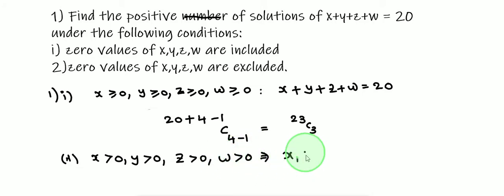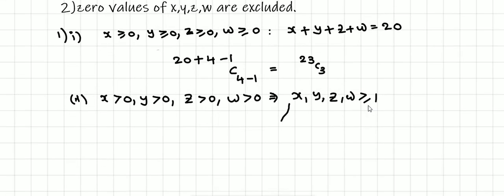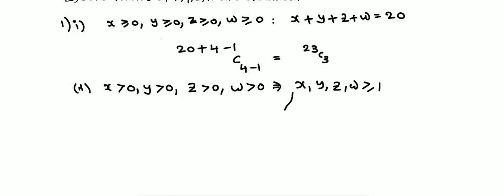So this refers to the number of positive integral solutions of the equation x plus y plus z plus w is equal to 20. That is 20 minus 1 C number of variables 4 minus 1, which is equal to 19 C 3. So this question is an elementary question on the previous integral solutions concept.